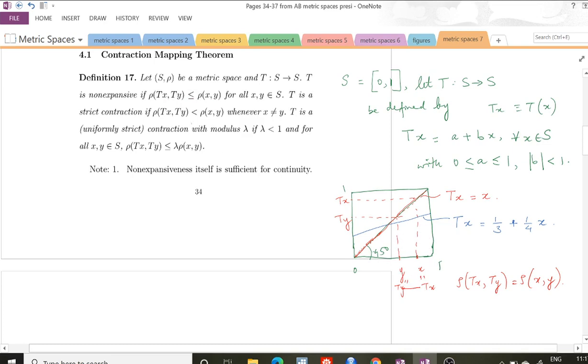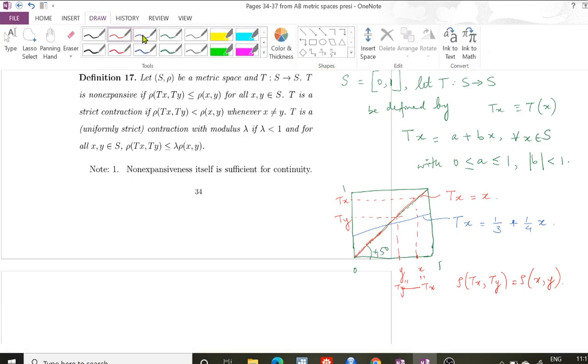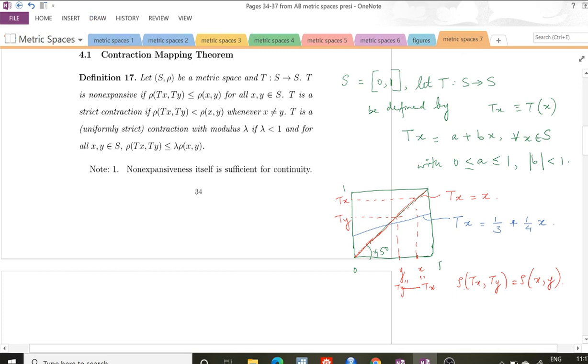Now, if you look at the map drawn in blue, that's my Tx, and if I want to see Tx, because domain and codomain are the same, I take x, I go up to Tx, and I reflect it off the 45-degree line, so that's Tx.